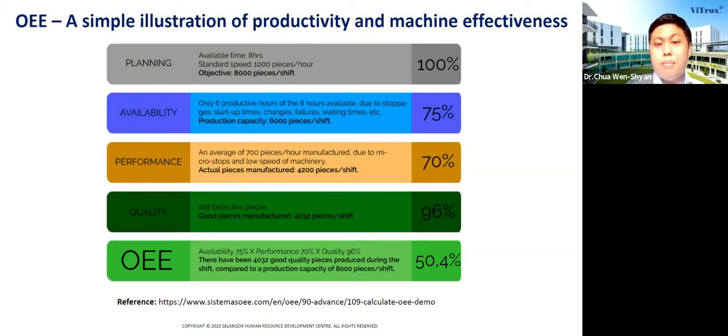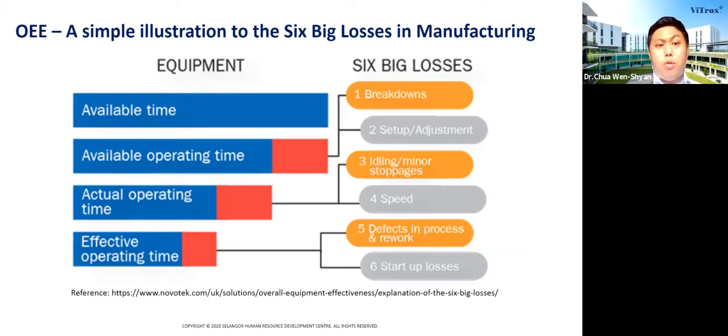Next, please. So basically, if you look at the total OEE scenario, you are using the metrics to identify 6 big losses. So from the 3 parameters that you are measuring, you can directly apply it to identify 6 big losses in your manufacturing system.